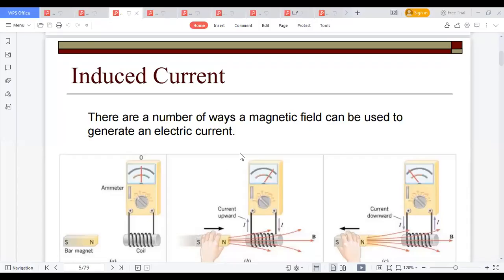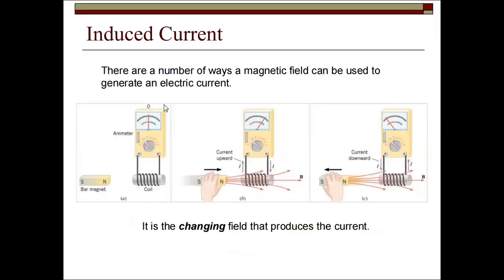Now, what is induced current? There are a number of ways a magnetic field can be used to generate an electric current.